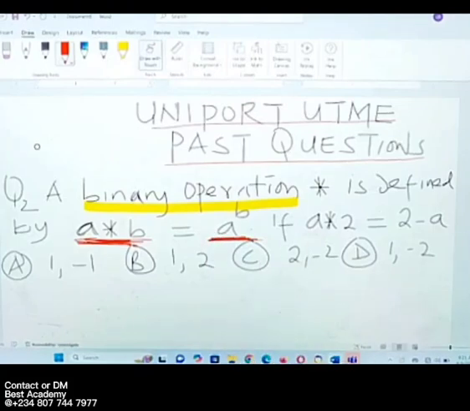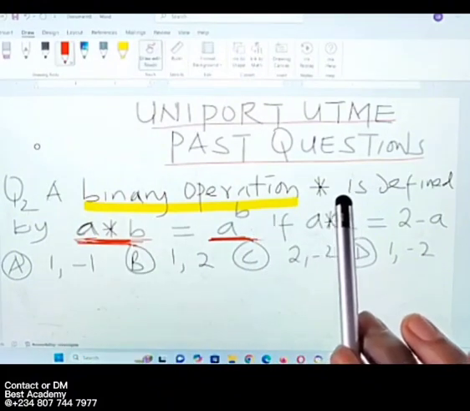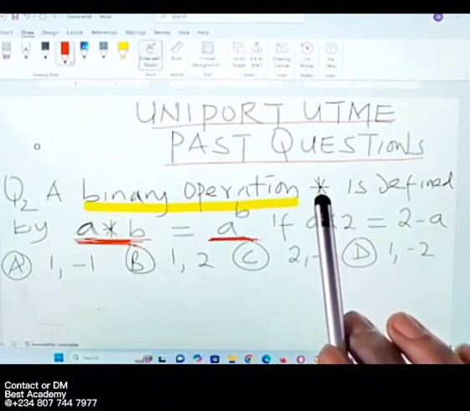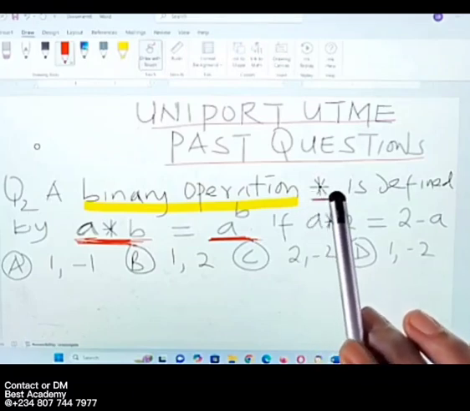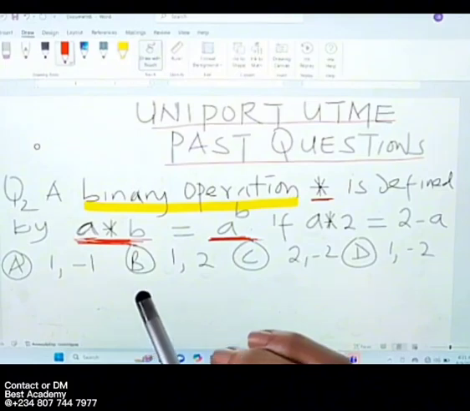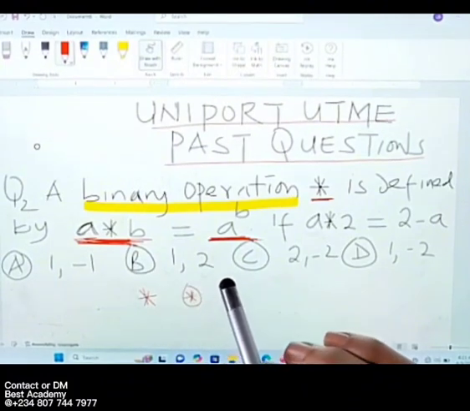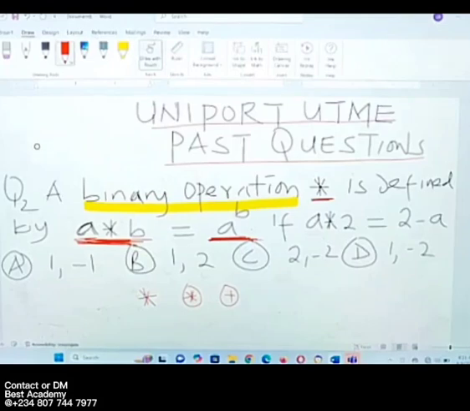Please take note. The question is said to be a binary operation asterisk. This is the symbol used in the binary operation; we can have this asterisk or other symbols, depending.